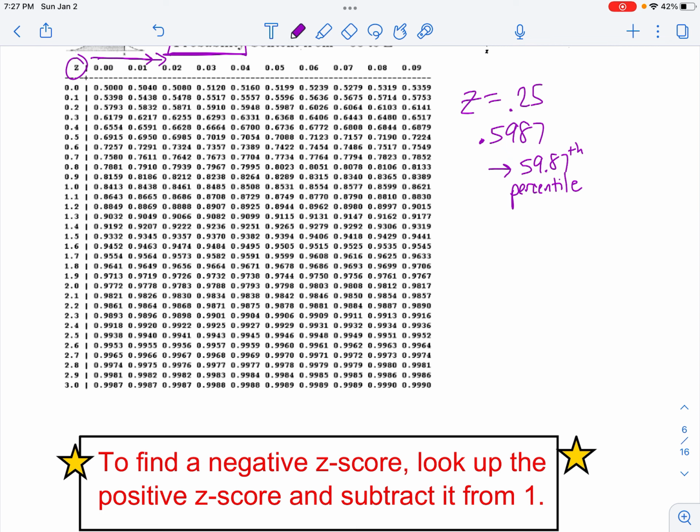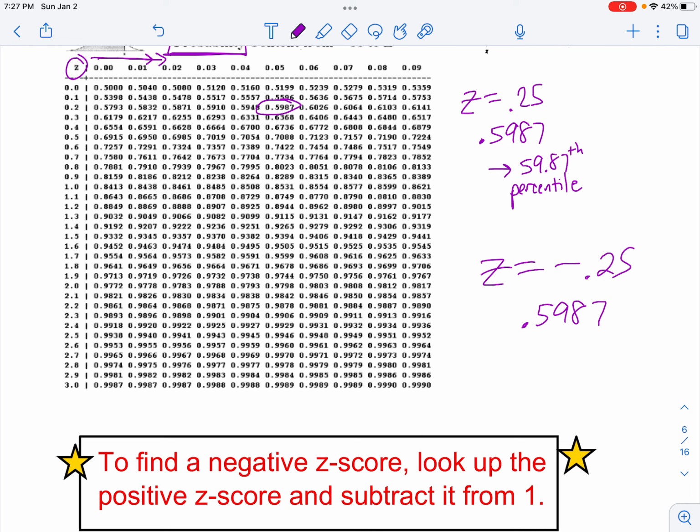So suppose we had a negative 0.25 z-score, which means you're below average, right? Well, you look up the positive z-score, so you just look up 0.25, which we did already, right? Didn't we say it was 0.5987?